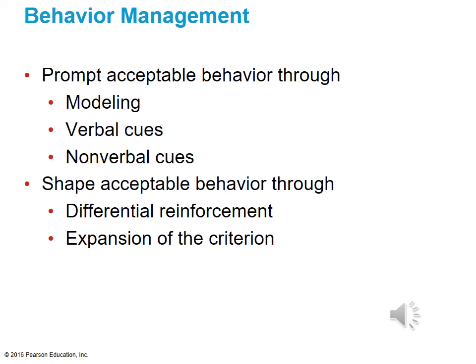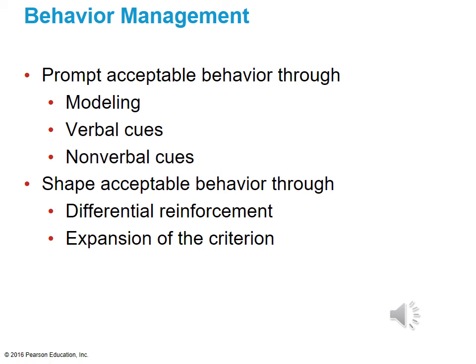You reinforce responses that reach a predetermined criterion, and you ignore those students that do not meet the criteria. For instance, if you ask the class to put the equipment down quickly, and you decide that students should put their equipment on the floor within 5 seconds, that shouldn't take long.